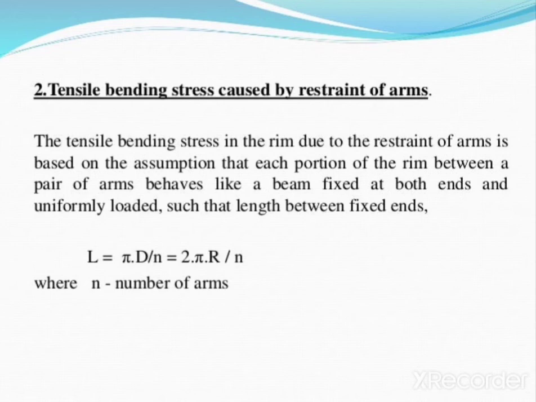Here length L is equal to pi d upon n. As we all know, n is the number of arms, r is the mean radius of the flywheel and d is the diameter of the flywheel. What is the formula for diameter? 2r. Then we put L is equal to 2 pi r upon n, where n is the number of arms.